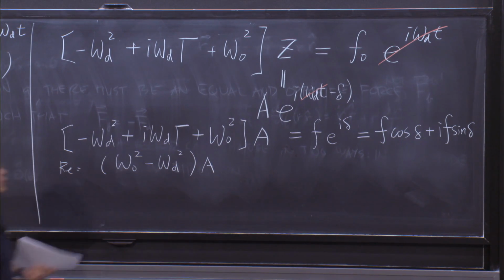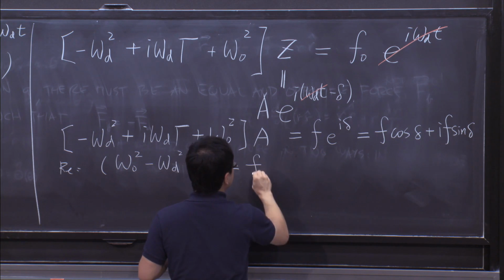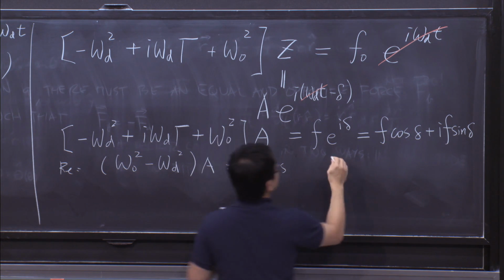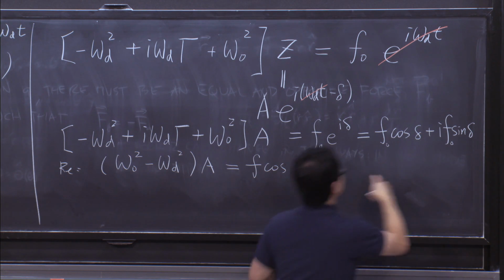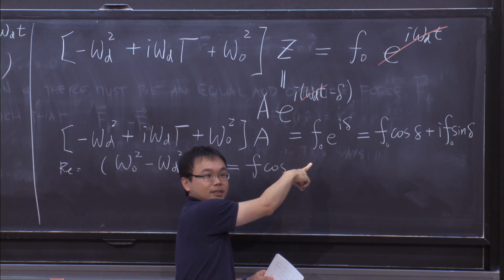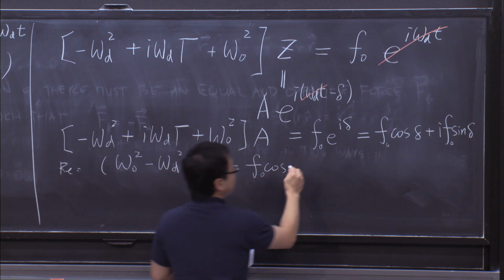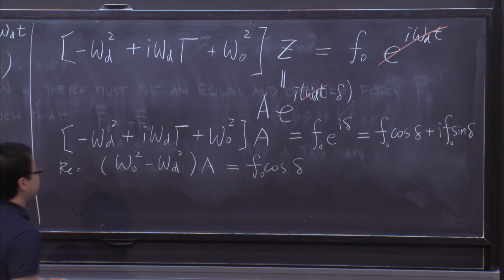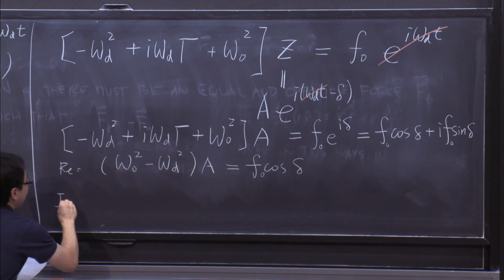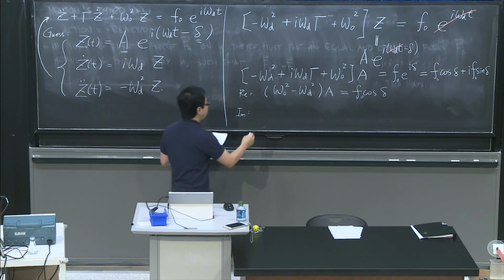A is some real number. This is equal to f0 cosine δ. Sorry, I missed a 0 here; it should be f0. And I can also collect all the imaginary terms.